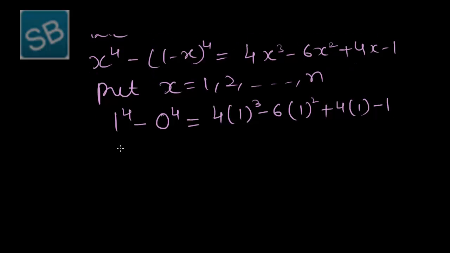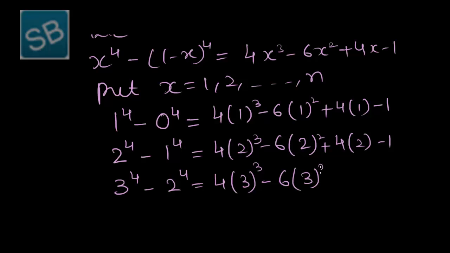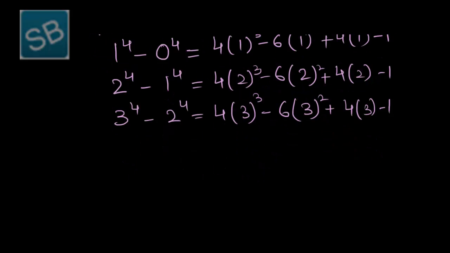Now on substituting 2, we get 2 raised to power 4 minus 1 raised to power 4 is equal to 4 into 2 cube minus 6 into 2 square plus 4 into 2 minus 1. Now substituting x equal to 3, it becomes 3 raised to power 4 minus 2 raised to power 4 is equal to 4 into 3 cube minus 6 into 3 square plus 4 into 3 minus 1, and so on.